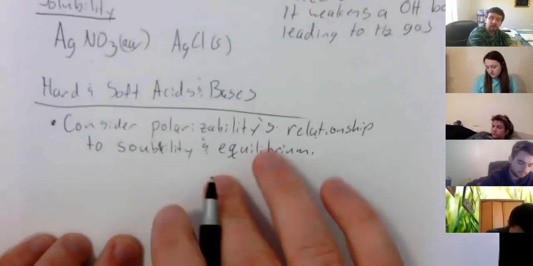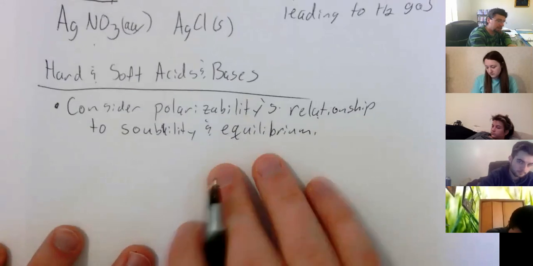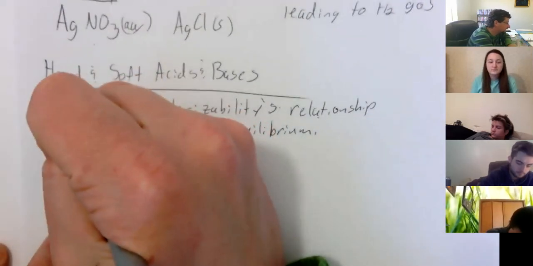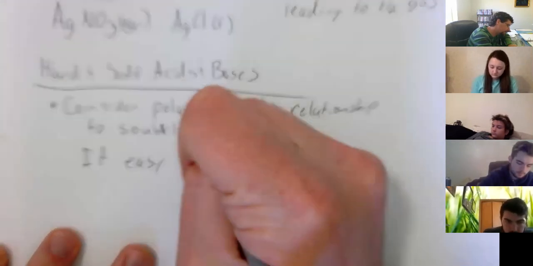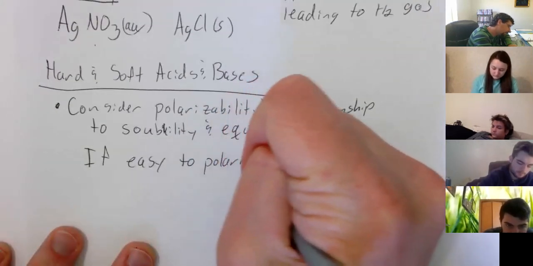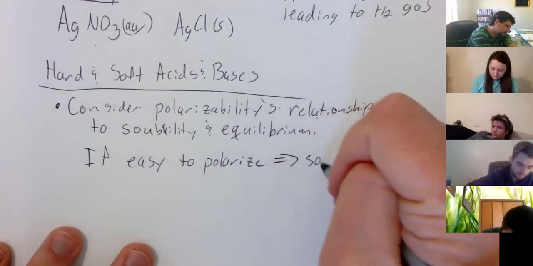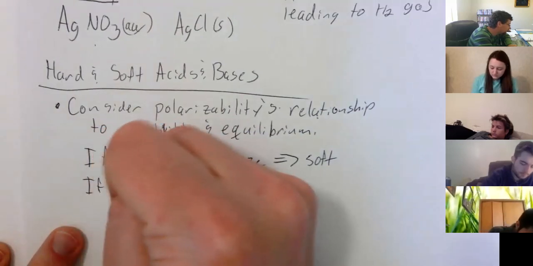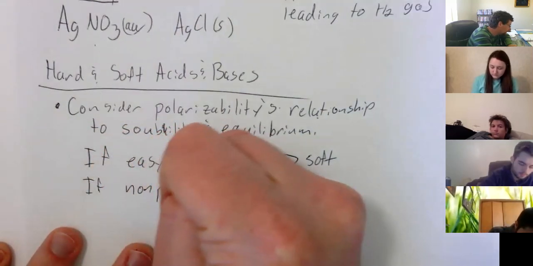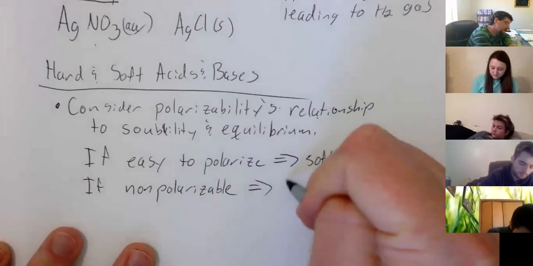If the ion or metal is easy to polarize, it's considered soft. Non-polarizable, it's considered hard.